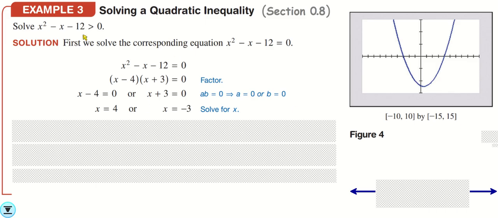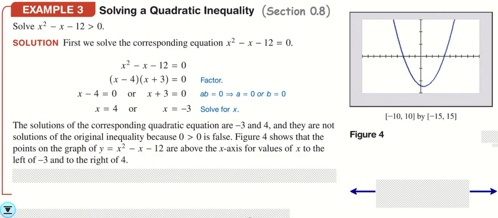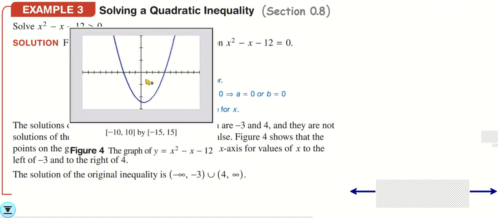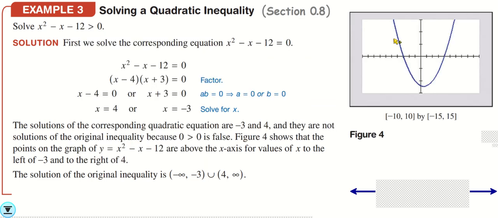So once you figure out when this is equal to 0, ultimately we're trying to figure out when this will be greater than 0. So first you figure out for what values it's going to be literally equal to 0. And then I think what this textbook is doing is that then you look at the graph, which you could have looked at from the get-go, like I've been talking about.